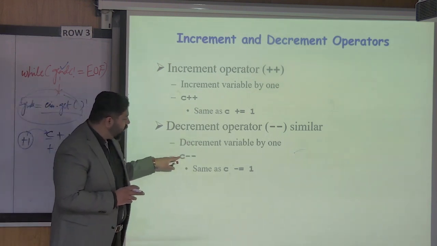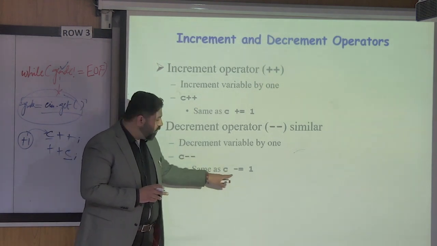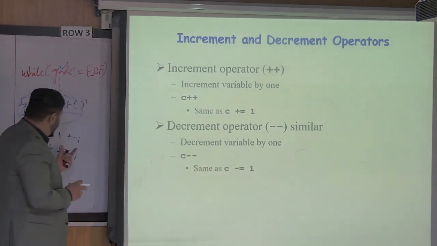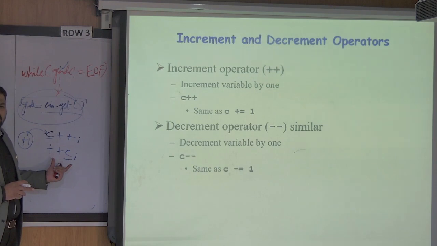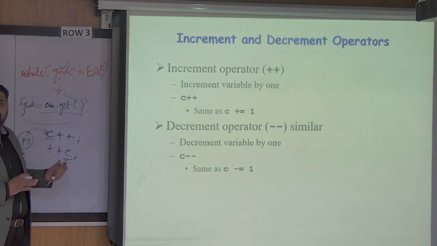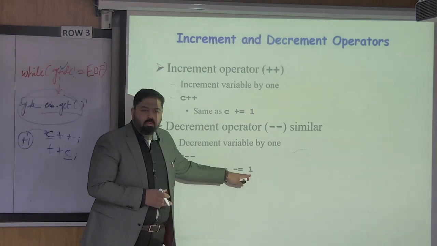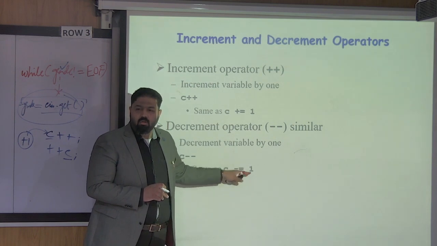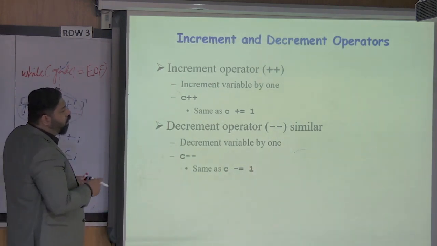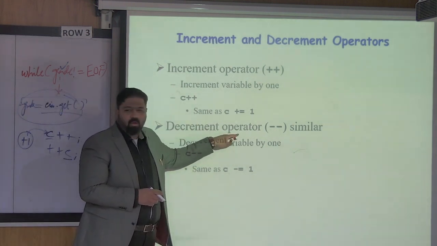Likewise, C minus minus will only decrement it by 1, the same as C minus equal to 1. These operators, used in either capacity, will add or subtract 1 only. If you want to change by more than 1, you may write C minus equal to 5, or C minus equal to 6, depending on it. But increment or decrement operators either add 1 or subtract 1.